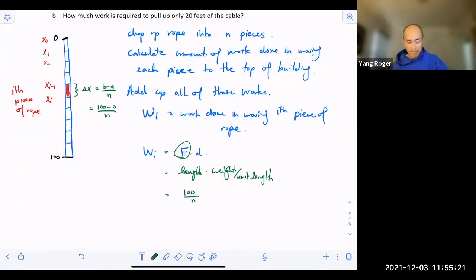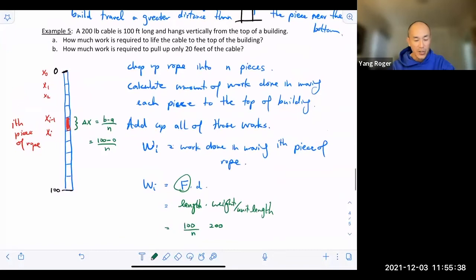And the weight per unit length is just going to be 200. It's because it's a 200 pound cable, but the total length is 100.